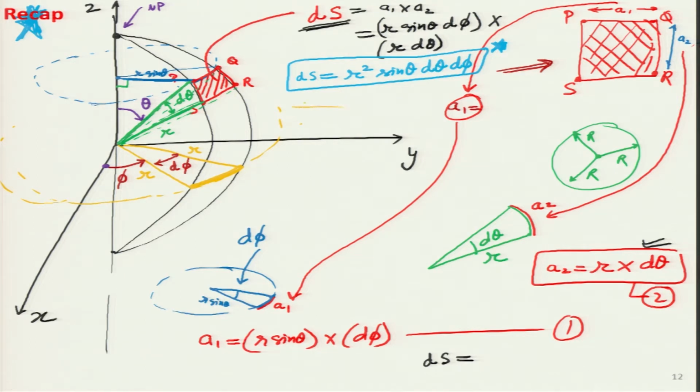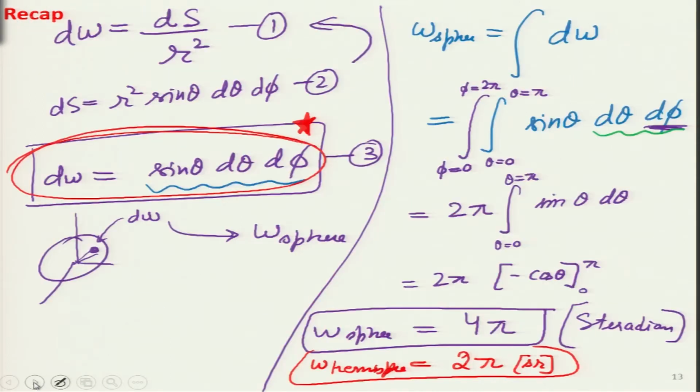This is the schematic given over here, where we considered a small area which I have represented by a polygon PQRS, and it is very close to a rectangle. So, we just multiply the two sides to get the area, and from there we get this particular definition of d omega.